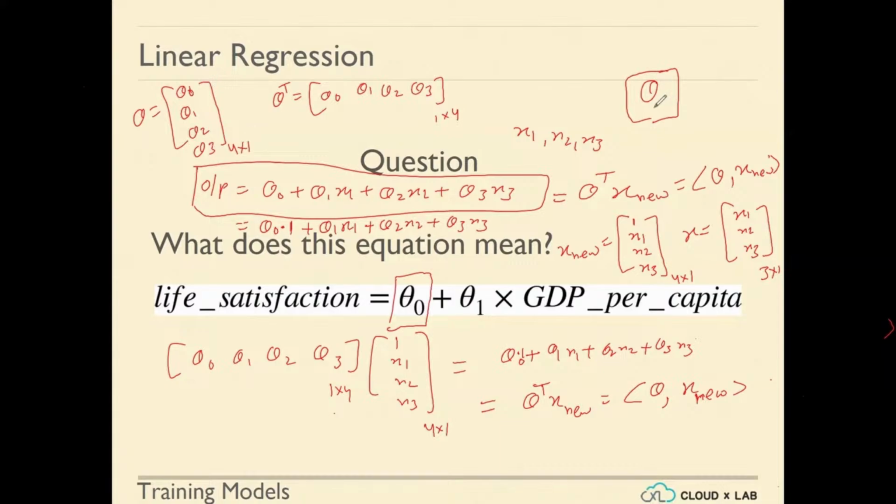For example, in this case, this theta contains 4 unknown values: theta 0, theta 1, theta 2, theta 3. These are the 4 unknowns for this linear model.